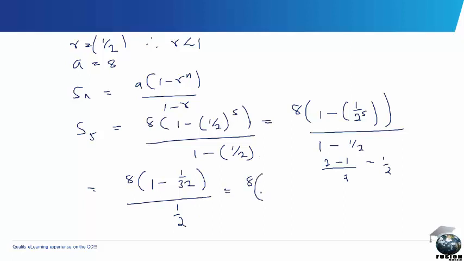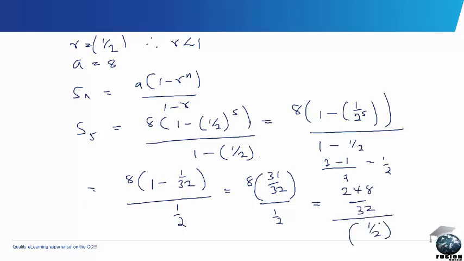Finding the LCM and carrying out your mathematical operations gives you 31 over 32, all over 1 over 2. From this point we have 8 times 31 to give us 248 over 32, all over 1 over 2.